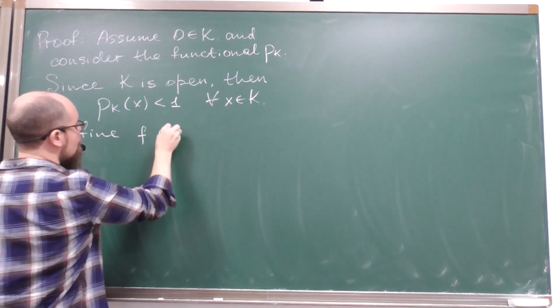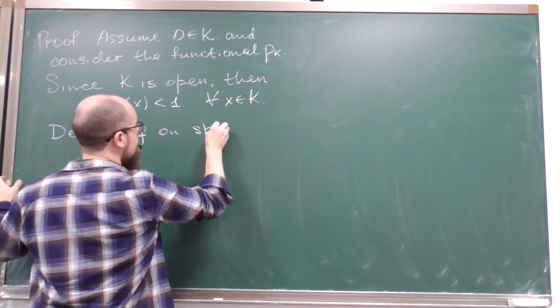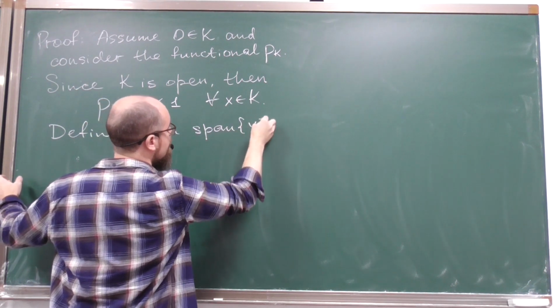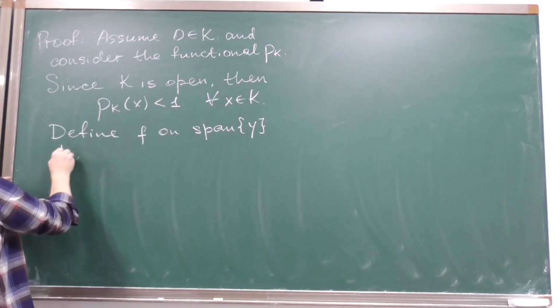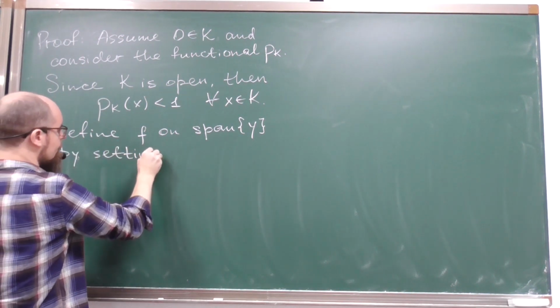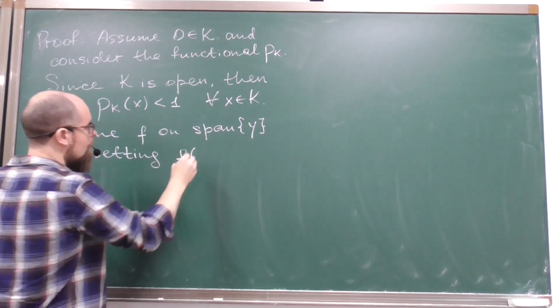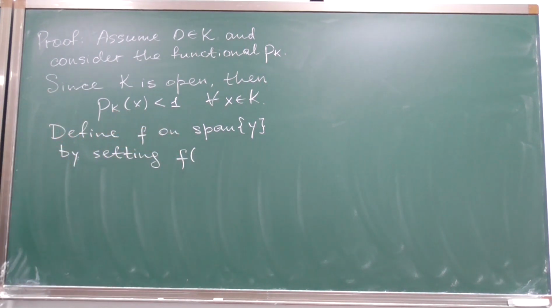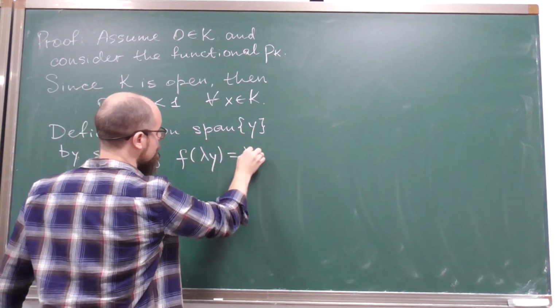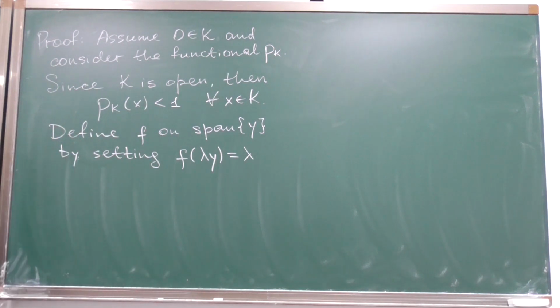Define f on the span of y by setting: any point from the span of y is just a scalar multiple of y, so it is of the form lambda y. And we set f to be lambda.